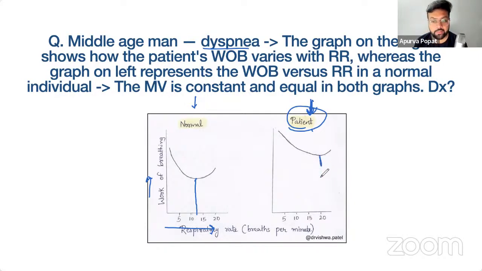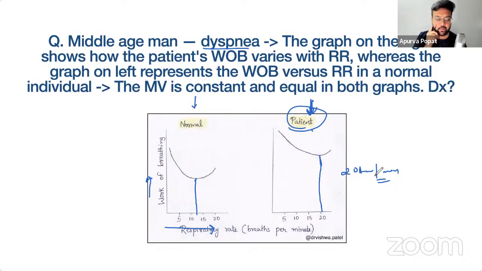Somewhere at a higher respiratory rate, right? At around, let's say, 20 times per minute. So this patient has to keep his respiratory rate higher in order to keep the work of breathing minimal.